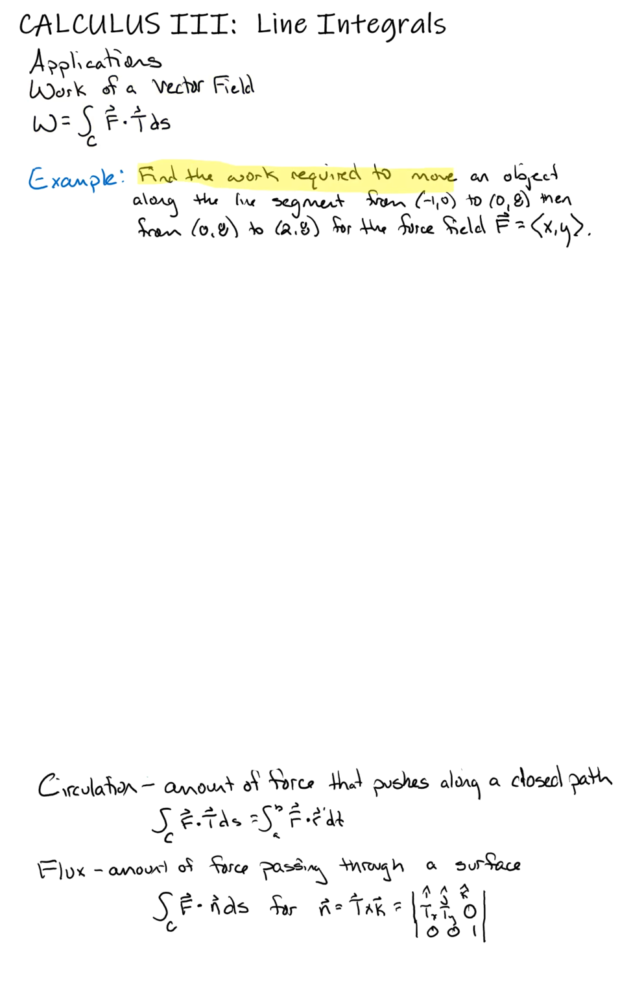Let's find the work required to move an object along the line segment from -1, 0 to 0, 8, and then from 0, 8 to 2, 8 for the force field F is equal to xy.